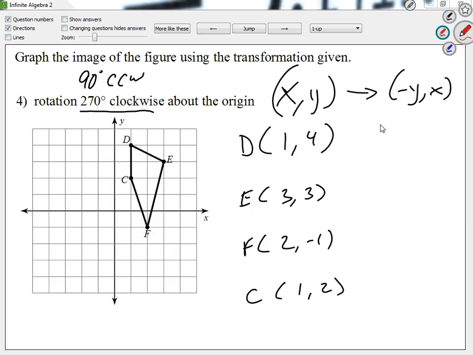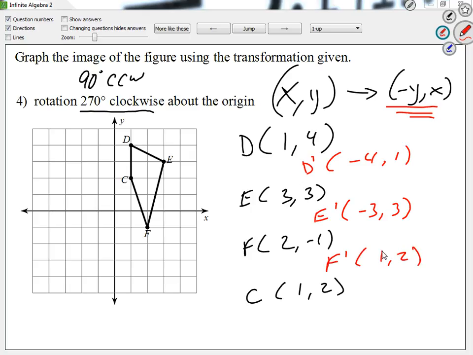So according to the rule, xy becomes negative yx. For D prime, I'm going to get negative 4, 1. For E prime, I'll get negative 3, 3. What do we get for F prime? 1, 2. What do we get for C prime? Negative 2, 1.